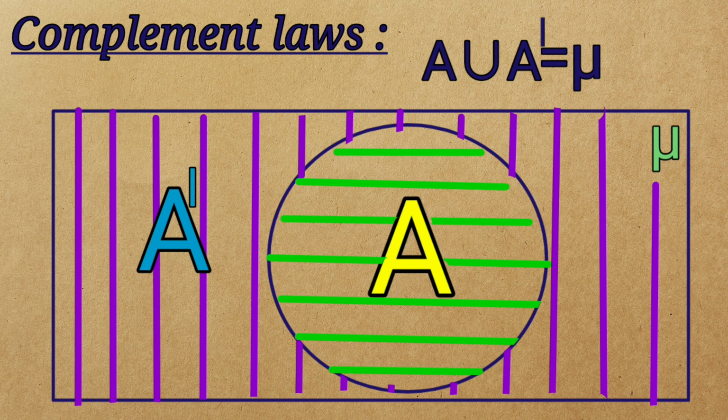And in the same way, you take the intersection of A and A complement. Can you find any common region between the set A and A complement? No, there is no common region. That's why A intersection A complement is equal to phi.